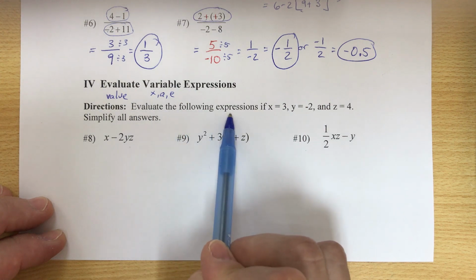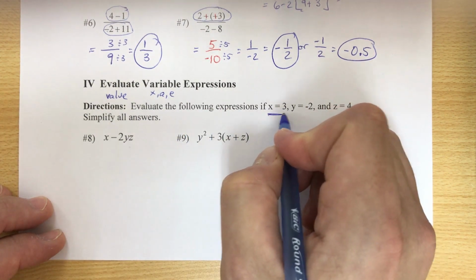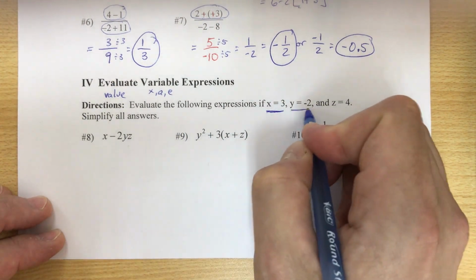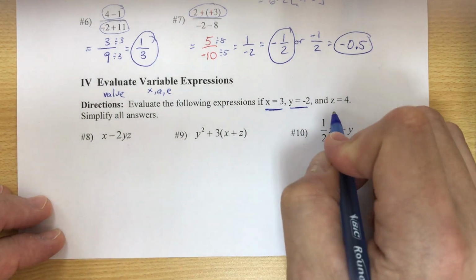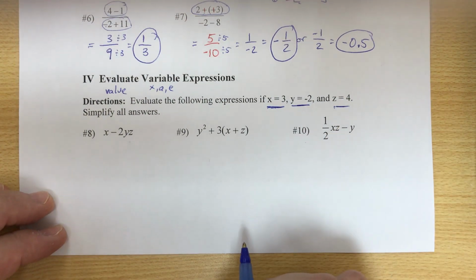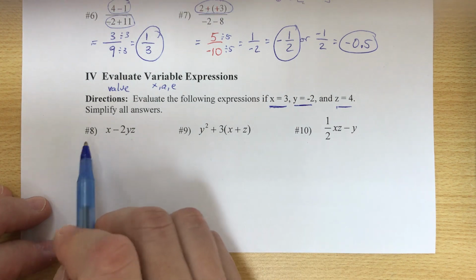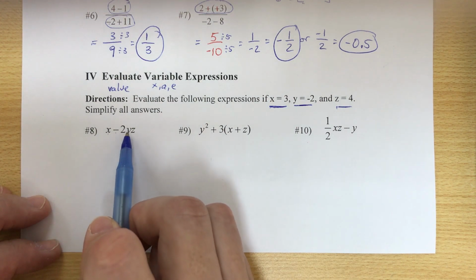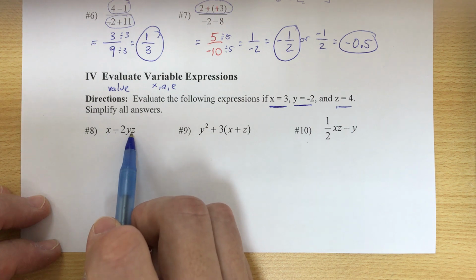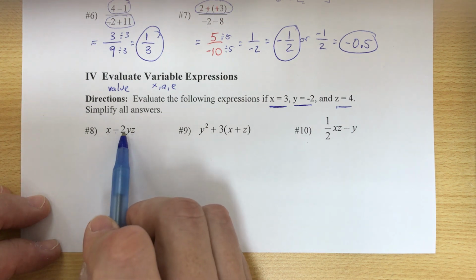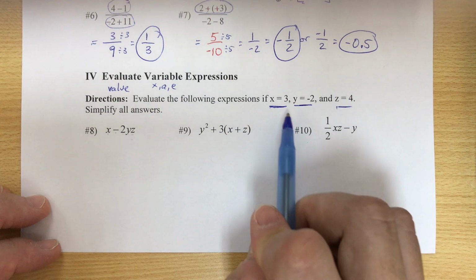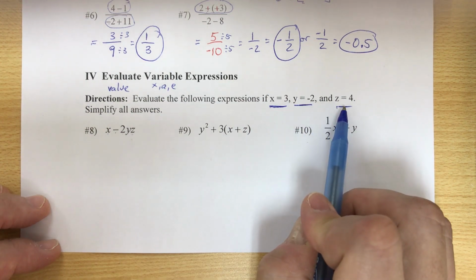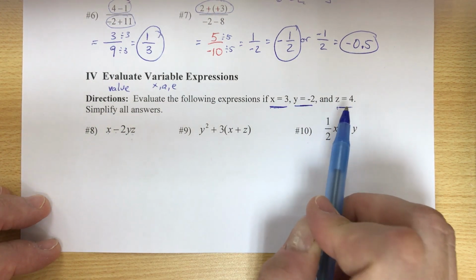So, directions. Evaluate the following expressions if x equals 3, y equals -2, and z is equal to 4. So what we're going to do here in number 8, we have x minus 2 times y times z. We are going to replace the variables, the letters, with their number values, and then we're going to work it out.